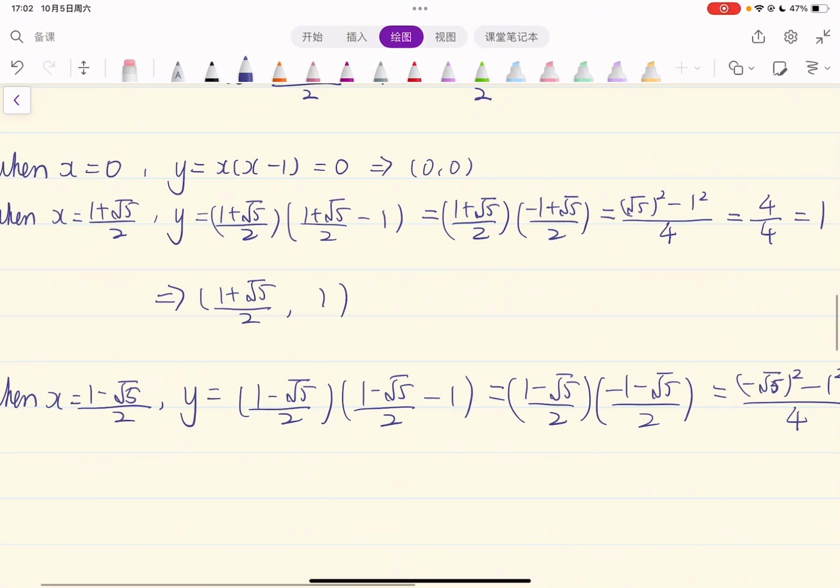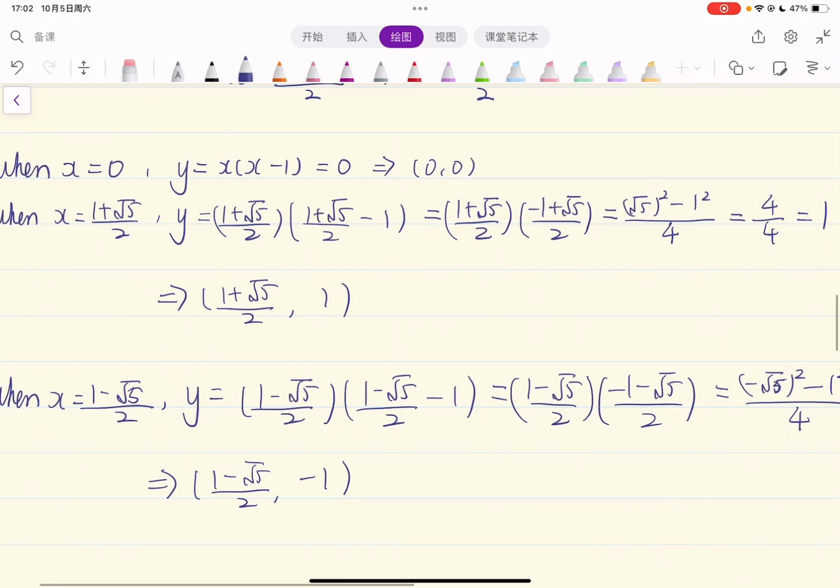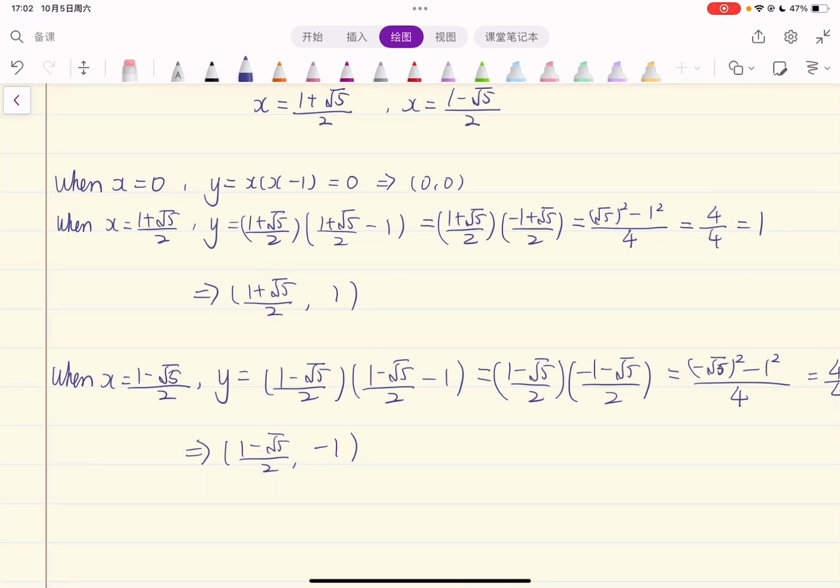So we have the third point, that is ((1 minus square root of 5) over 2, minus 1). Thus, we got all the points of intersection.